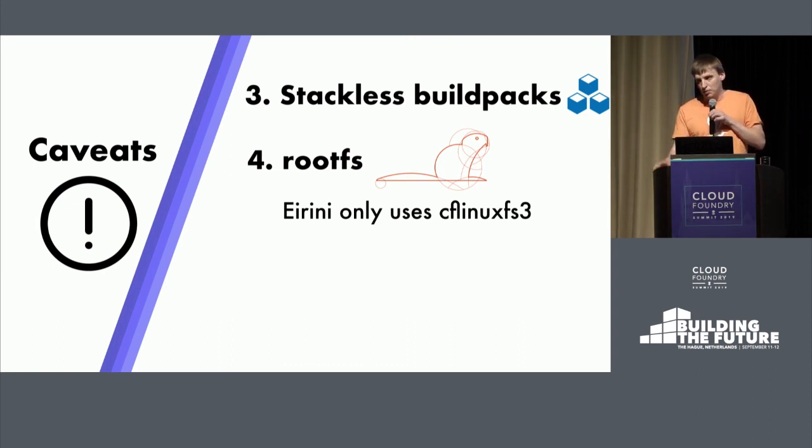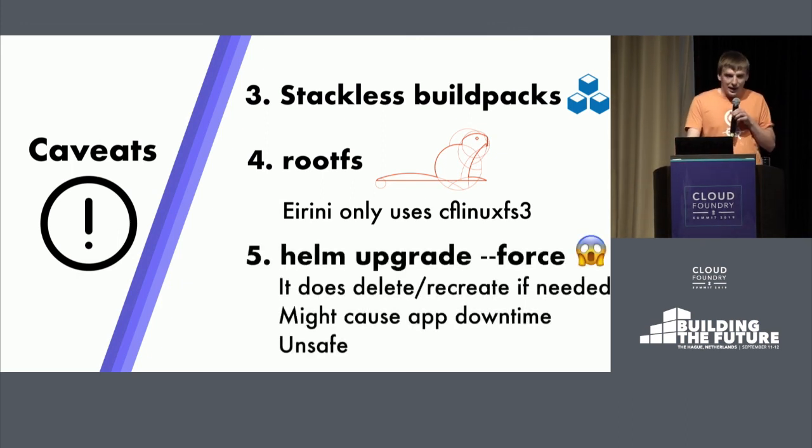There is a PR to use a different rootfs, but anyway, Eirini will only use a single rootfs for some time. And then there's this command that we had to learn: it upgrades with force, it deletes all resources and creates them again. It might cause downtime, it's super unsafe, but might help you in case of trouble.